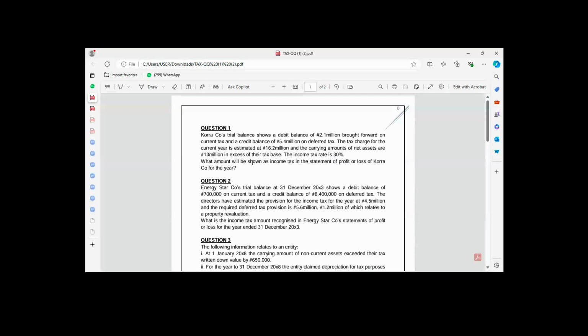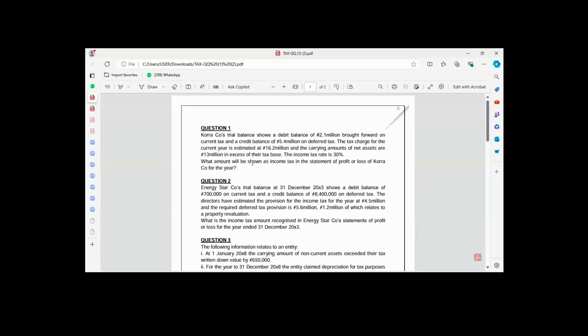But the directors have estimated the provision for the income tax for the year at 4.5, and the required deferred tax provision of 5.6, of which 1.2 million relates to a property revaluation. What is the income tax amount to be recognized in the statement of profit or loss for the year ended 2003?